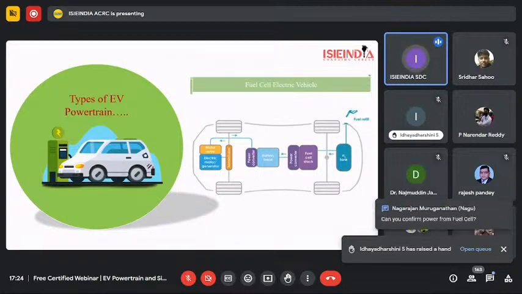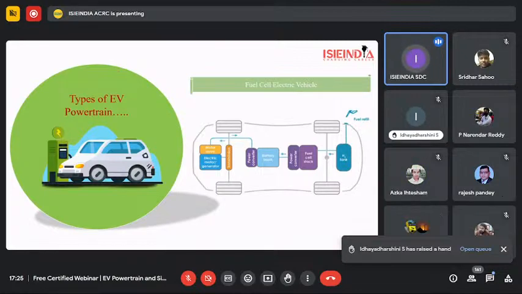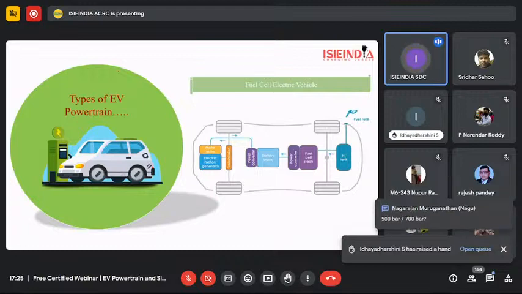Now talking about the architecture and working of the fuel cell electric vehicle. Fuel cell electric vehicles have fuel cell stacks. The fuel cell stack reacts the hydrogen with the oxygen fed into it, and there is production of electrical energy.